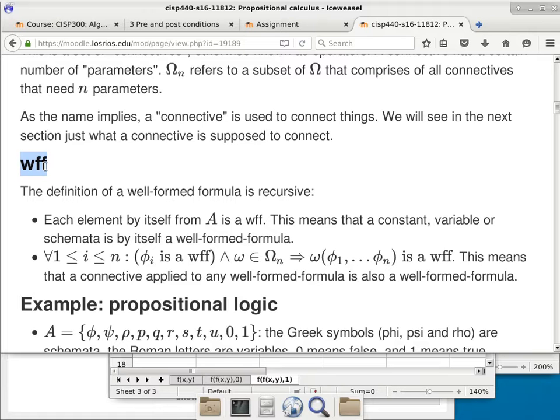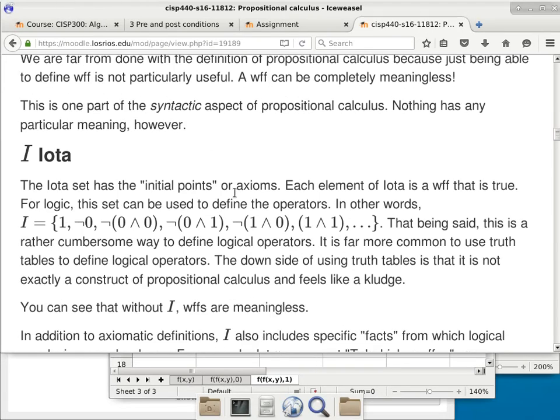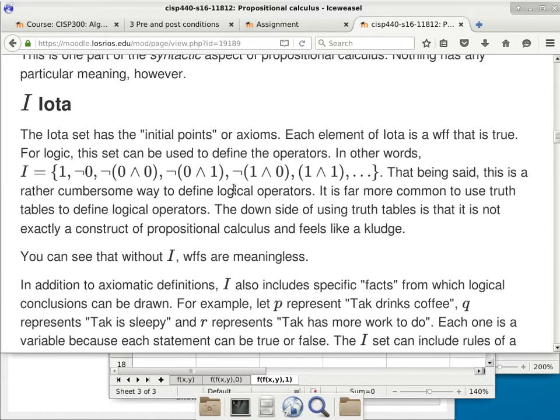Yep, the semantics. It's called the semantics. So when you look through the notes here, they're the initial points or the axioms. I can define the iota to be 1. If 1 is an element of the iota, that means 1 is by definition true. In other words, iota consists of everything that is known to be true by definition.